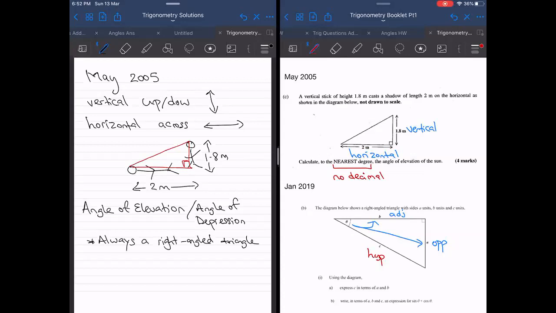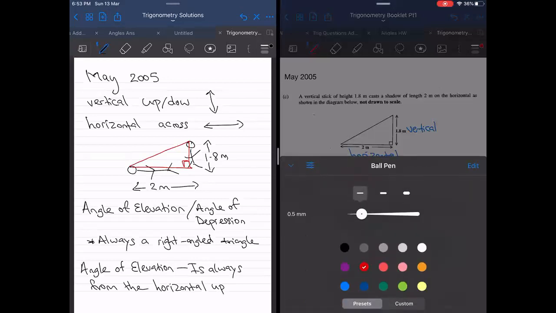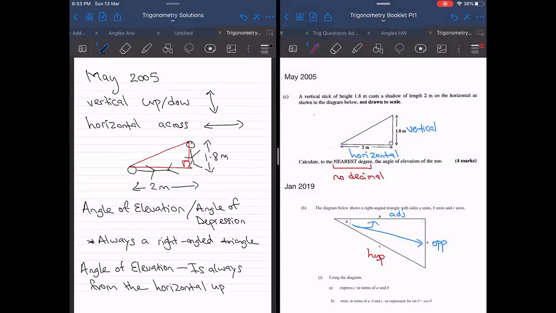Now I do want to talk to you a bit about angle of elevation versus angle of depression. We want to know that the angle of elevation is always from the horizontal up. For example, if you're looking at this diagram, you may be inclined to put it here or here. There's only two other angles. The angle has to be one out of the two.